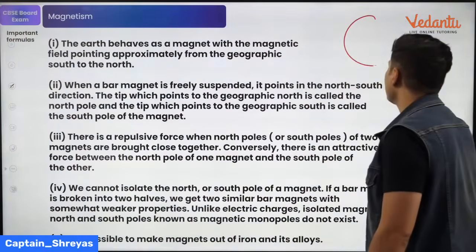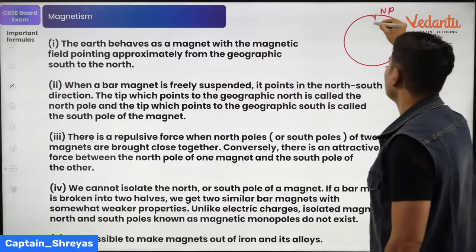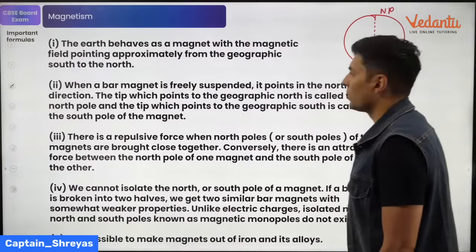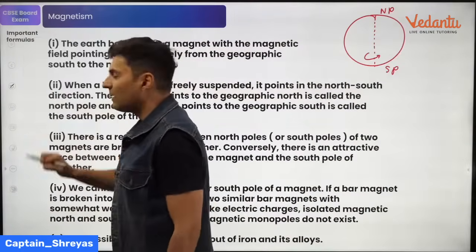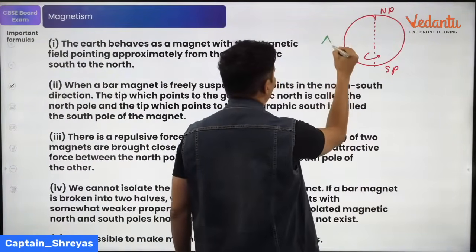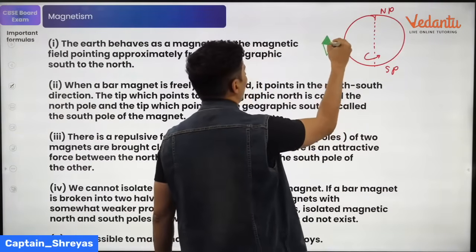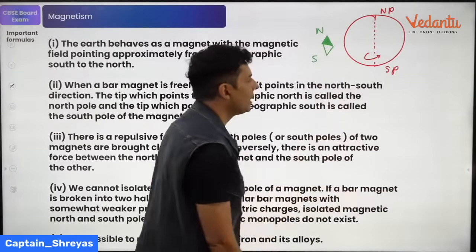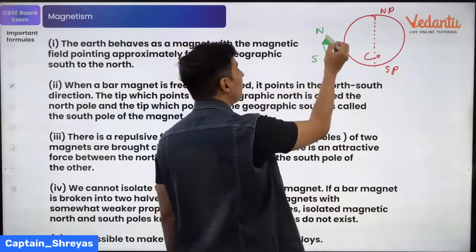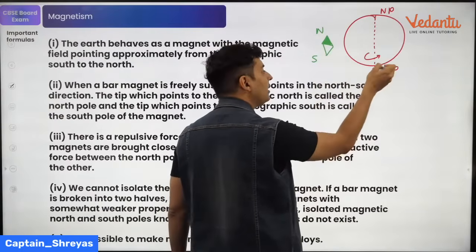So if this is the Earth, if this is your north pole, if this is the south pole, if this is the axis of the Earth's rotation, you will see that if somebody brings in a magnet, a compass needle, then the needle points like this, with the north going on the top and the south going at the bottom towards the south pole. The reason why that happens is because north pole gets attracted by the south pole and south pole gets attracted by the north pole.